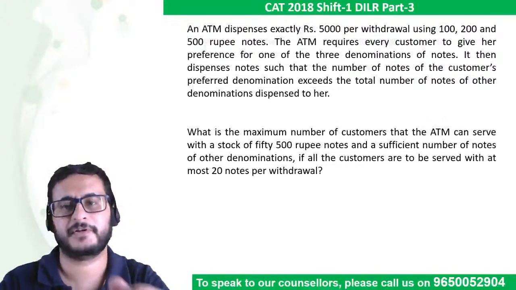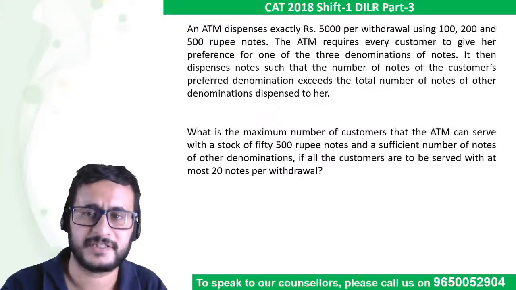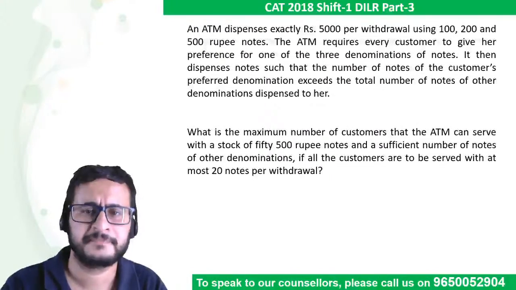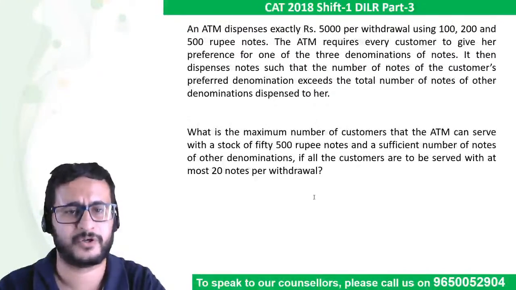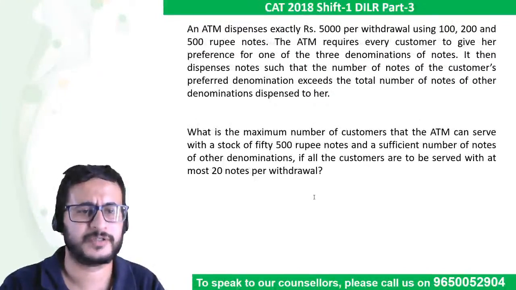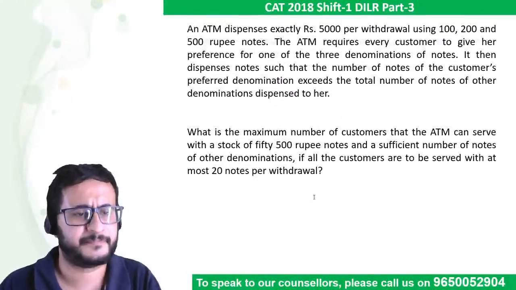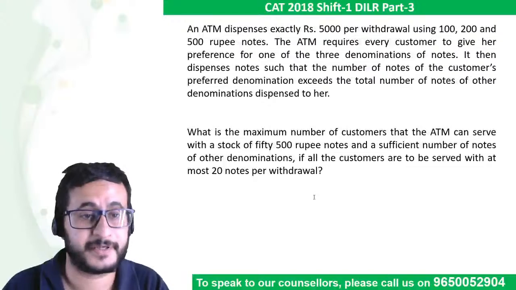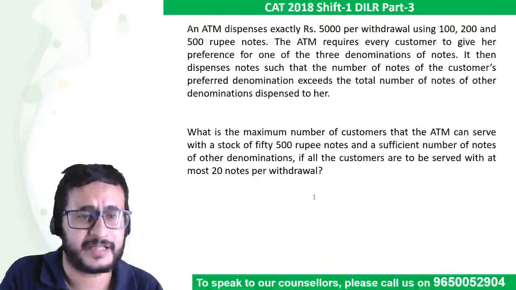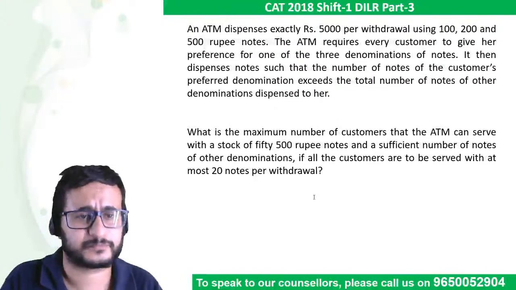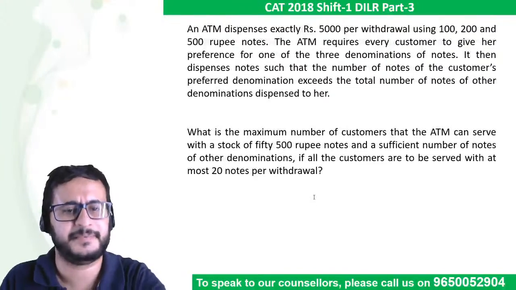What is the maximum number of customers that the ATM can serve with a stock of 5,500 notes and a sufficient number of notes of other denominations if all the customers are to be served with at most 20 notes per withdrawal? So now the number of notes per customer is limited to 20, and you have to tell how many maximum people can be served.